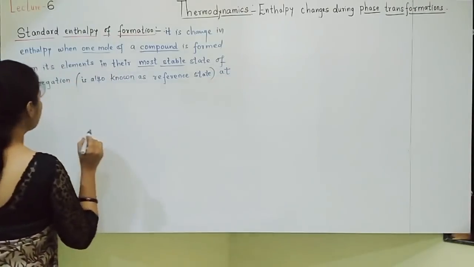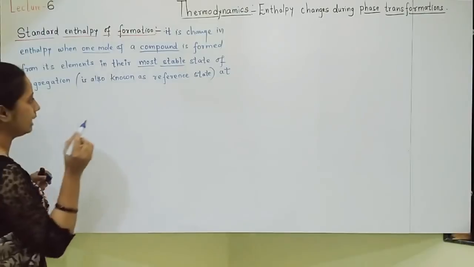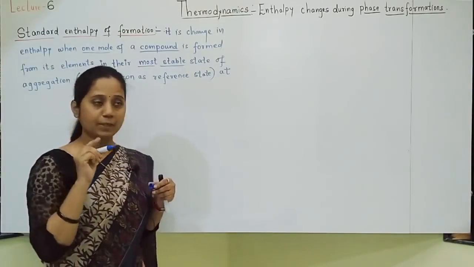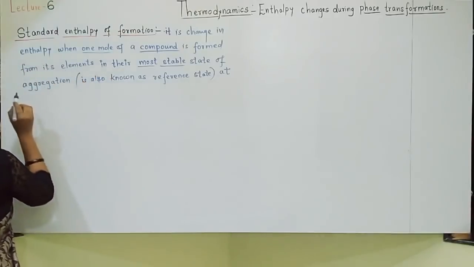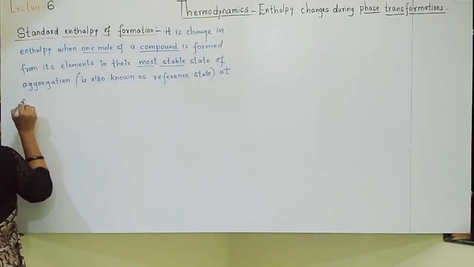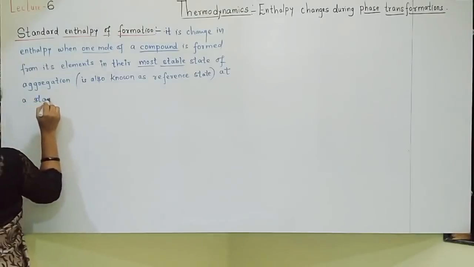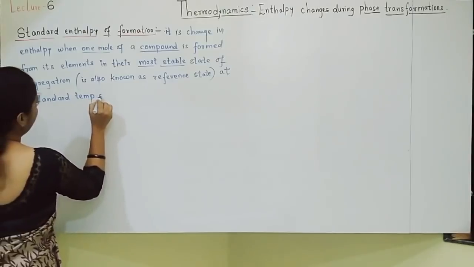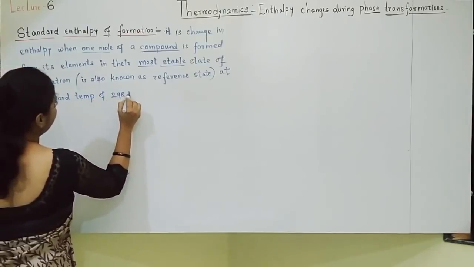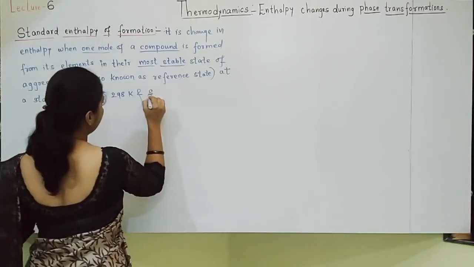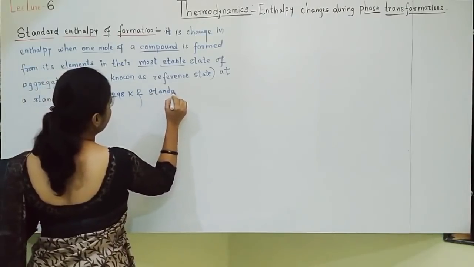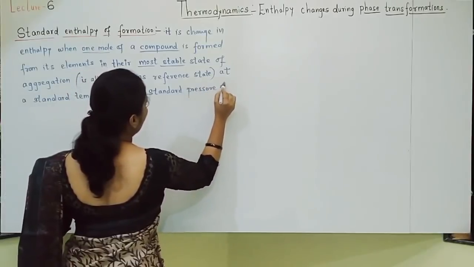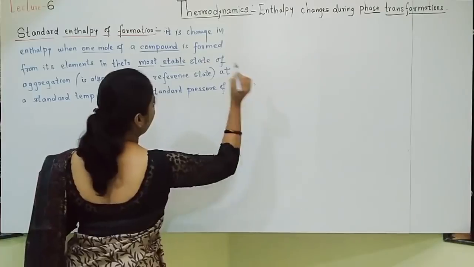Of course, in this definition one thing is different. Every time we were writing at a constant temperature, but here we are going to write at a standard temperature of 298 Kelvin and standard pressure of 1 bar.